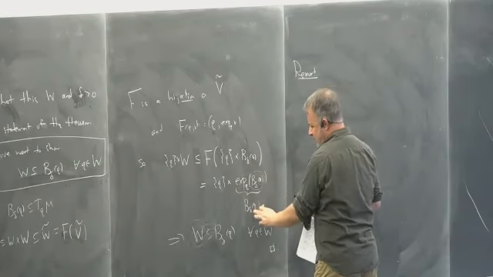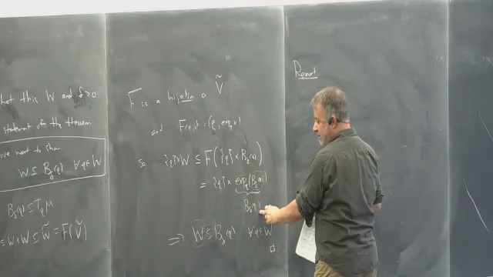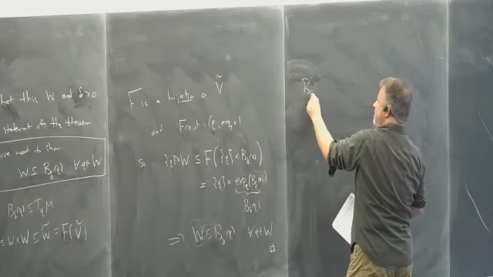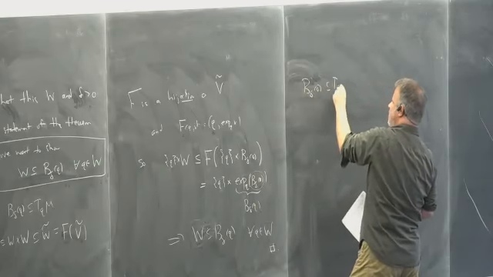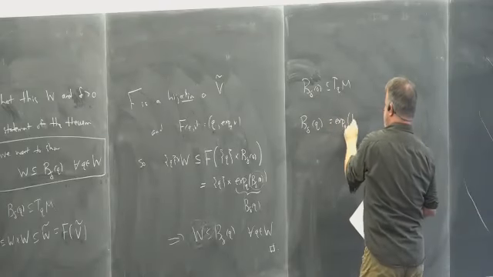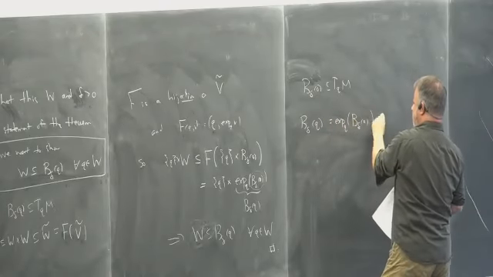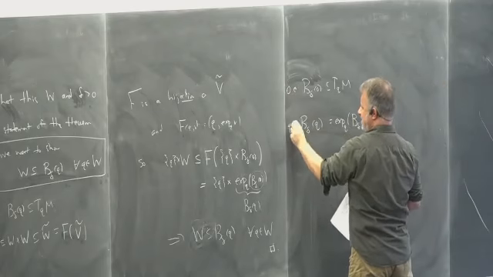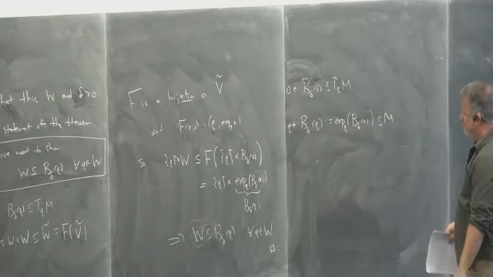X_Q of that is what I write as B_delta(Q). That's in M. So B_delta(0) is in T_Q M. Oh, I see. Okay. And B_delta(Q) is X_Q of B_delta(0), and that's in M. And this contains 0, and this contains Q. Okay, good.